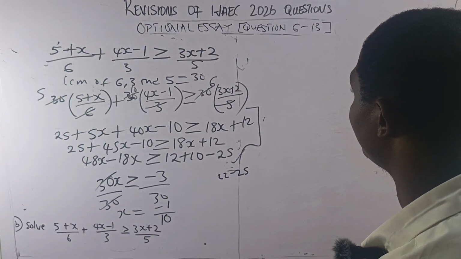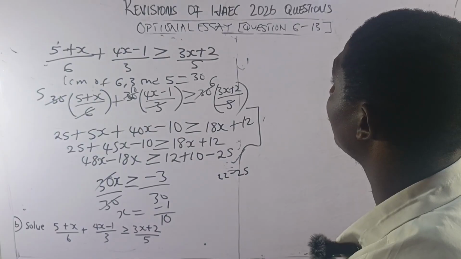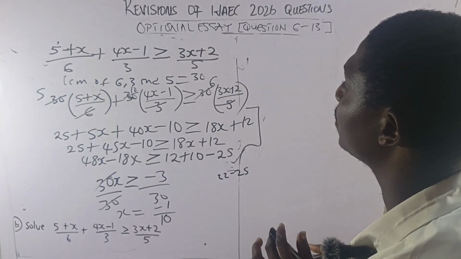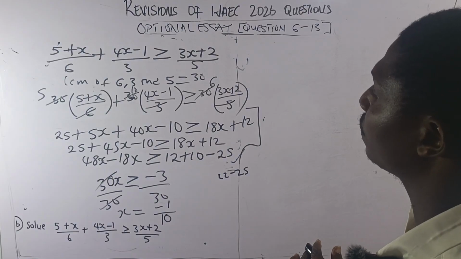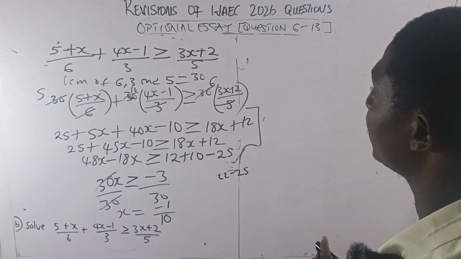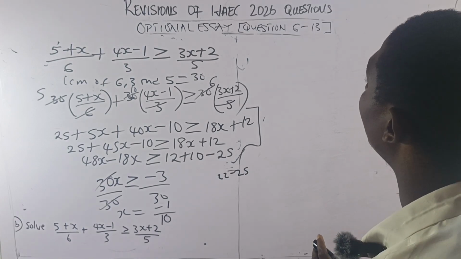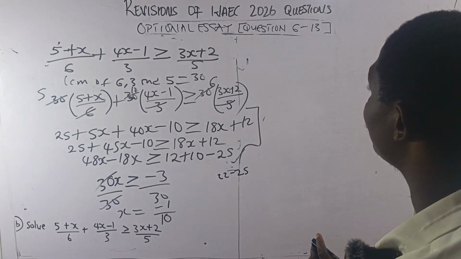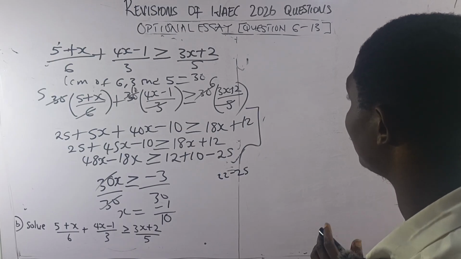Hope we are not making any mistake. So we'll go through. LCM is 30. I have 5 times (5 plus x): 25 plus 5x here plus 40x minus 10. And 5 into 30 is 6. 6 times 3, 18x, yeah, plus 2 times 6, 12.